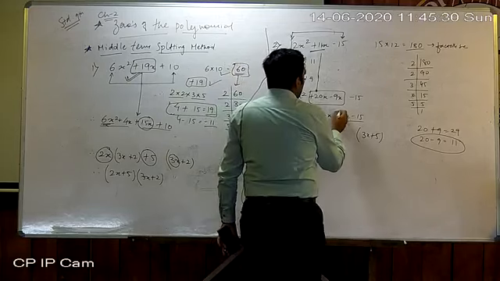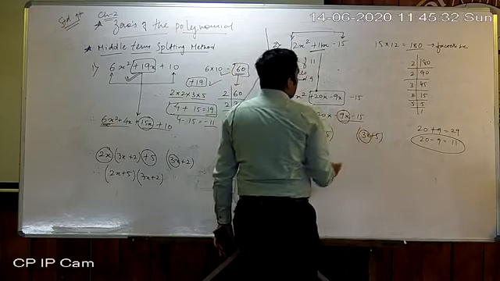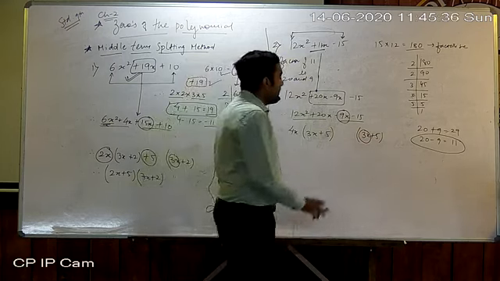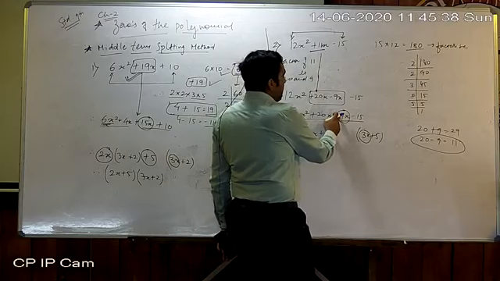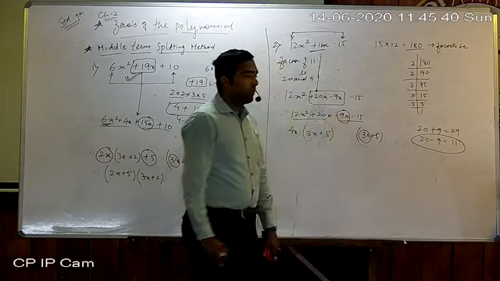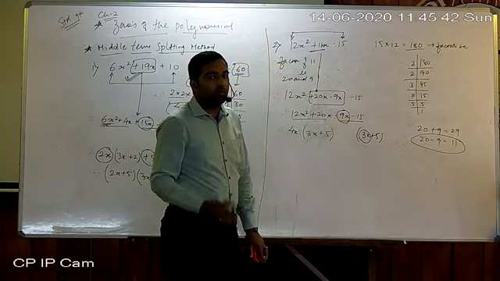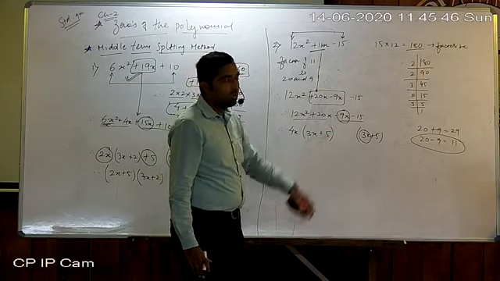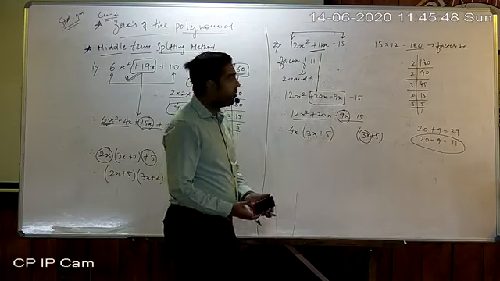Now what can we check? Now we check the third term to adjust this term. Here is minus 9x and here is 3x. So which term should you multiply with the 3x to get 9x?